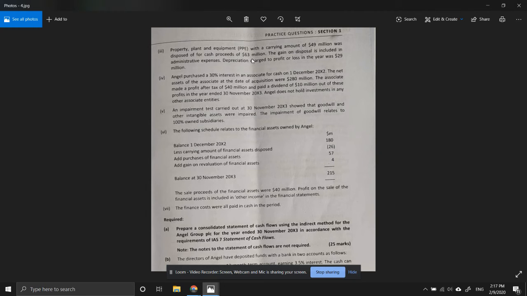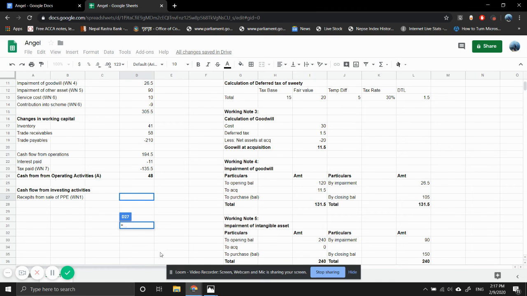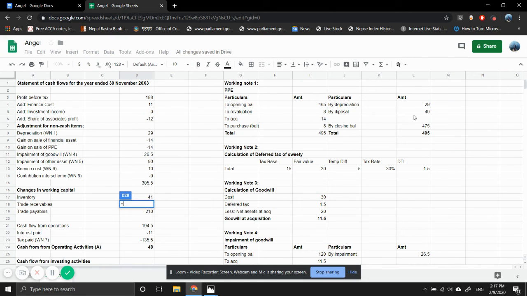Yep, that was the disposal proceed, right? 63, and then purchase of PPE. This is working note 1, not the above. Where will that be?